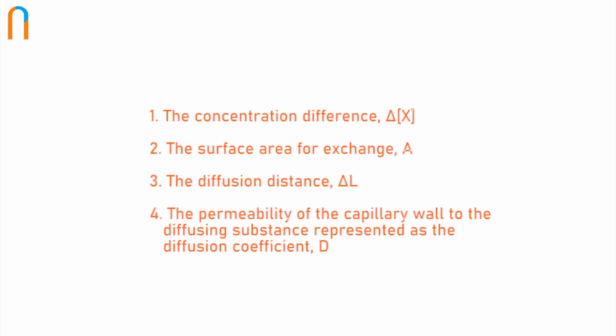First, the concentration difference. Second, the surface area for exchange. Third, the diffusion distance. Fourth, the permeability of the capillary wall to the diffusing substance, represented as the diffusion coefficient.